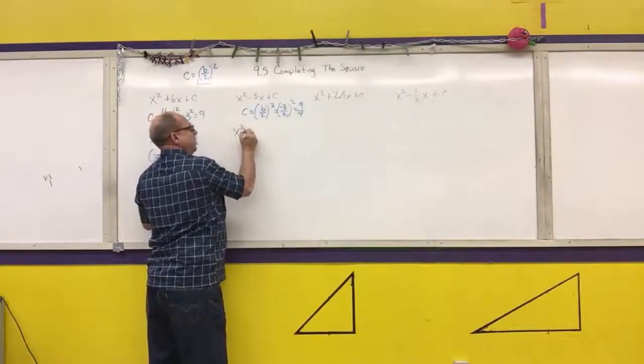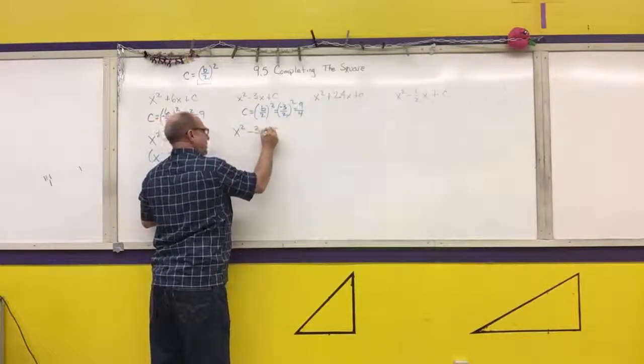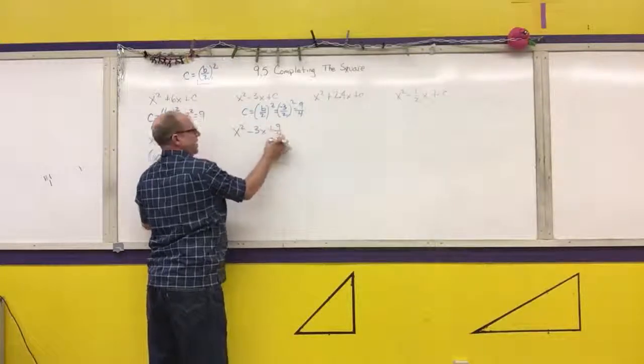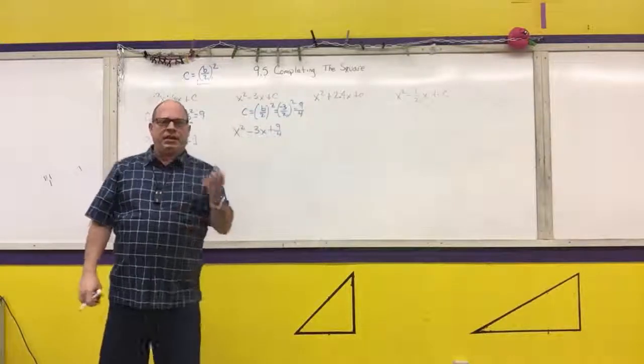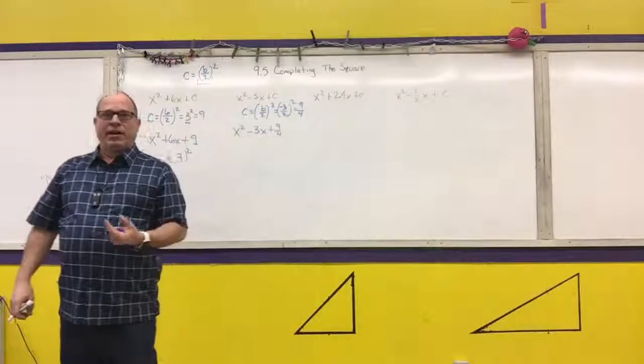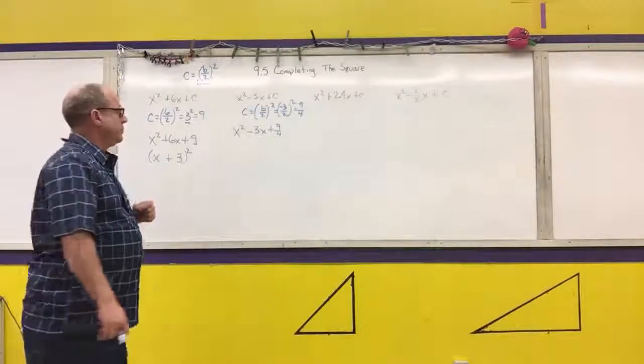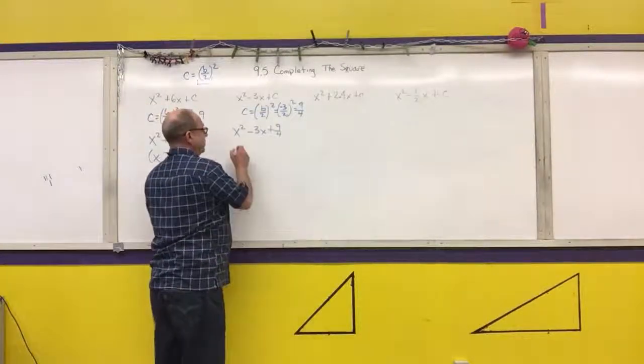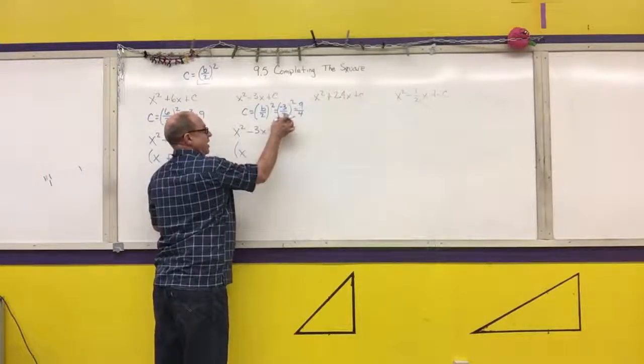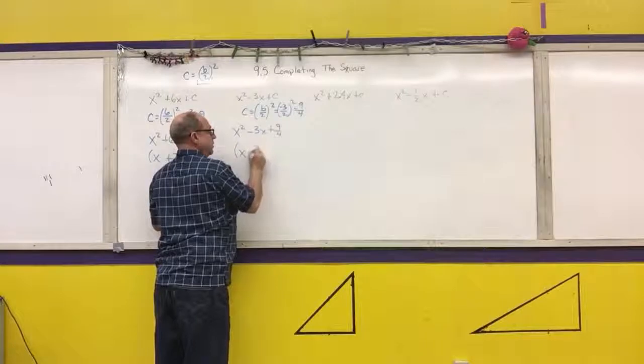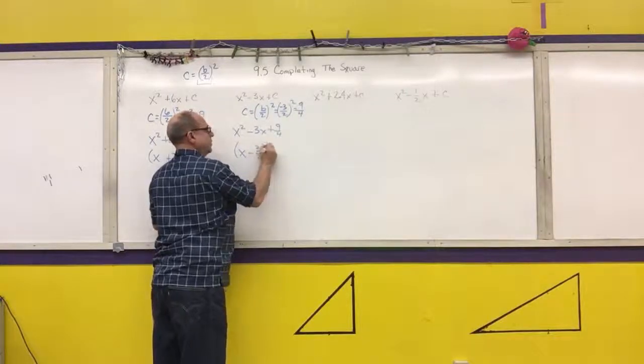Answer is x squared minus 3x plus 9/4. This last term will always be positive because a negative squared is positive and a positive squared is positive. Factor it. I'm going to put that negative 3 halves in. Quantity squared.